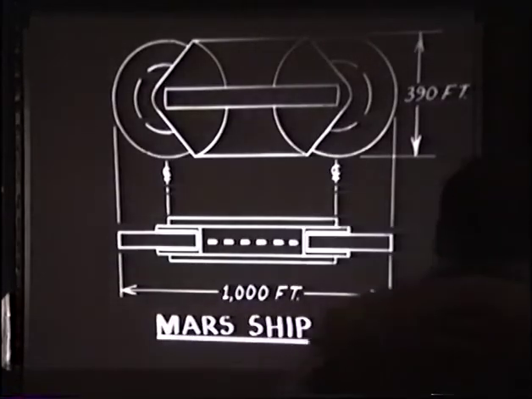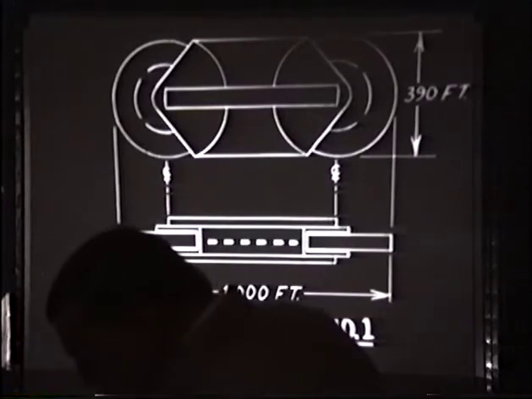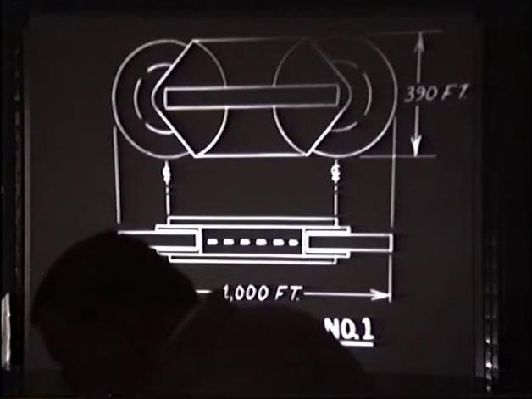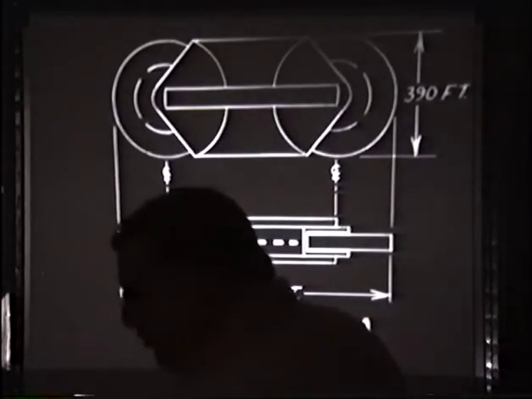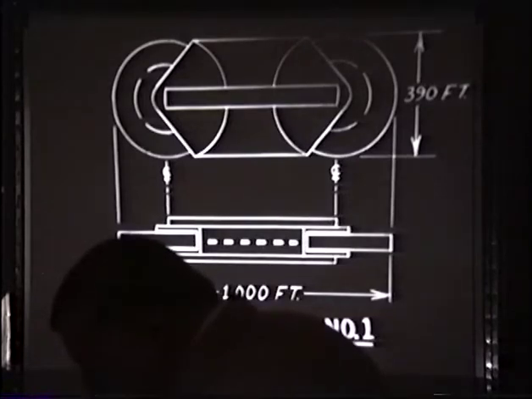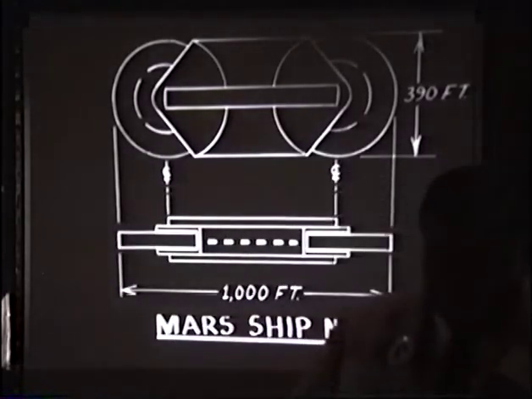This is Mars ship number 1, and this is where I get into my first scenario. I have a whole bunch of formulas here that I'm not showing because I didn't have room for them on the slides, but I have them here for anyone who wants to look at them afterwards. Table 1A, spacecraft statistics.